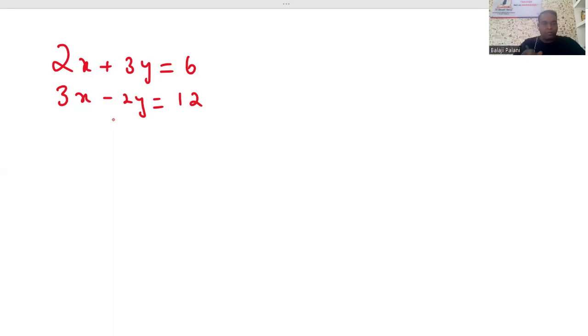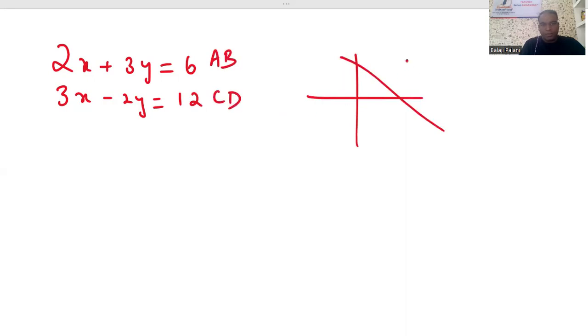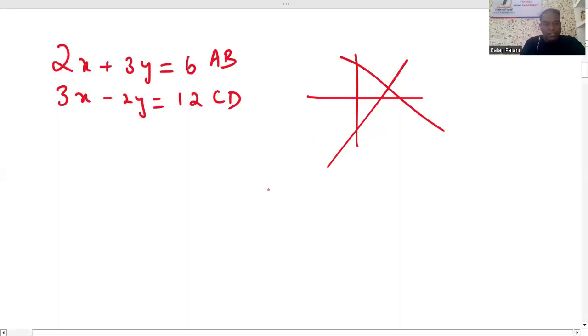So now we're going to plot these lines. The first line, let's say for example, is AB, it is like this. And this is the line CD, it happens to be like this, for example. Okay. So now what are the possibilities when you plot two lines on the coordinate plane?